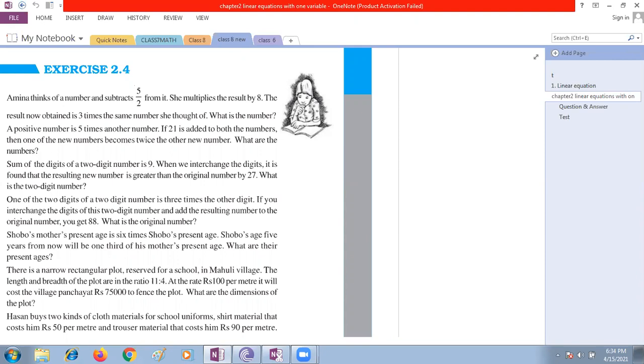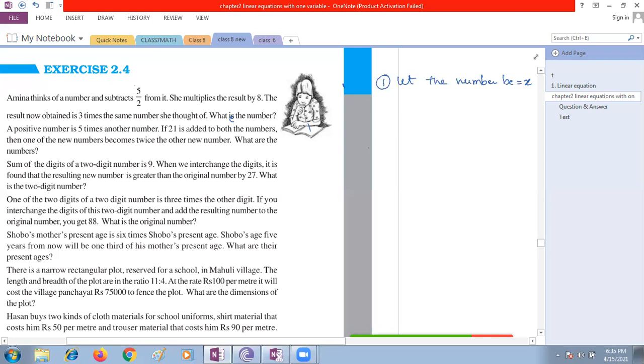Okay, right. Amina thinks of a number. Let the number be x, children. First, you have to take the number, whatever number she thought, as x. Amina thinks of a number and subtracts 5 by 2 from it.